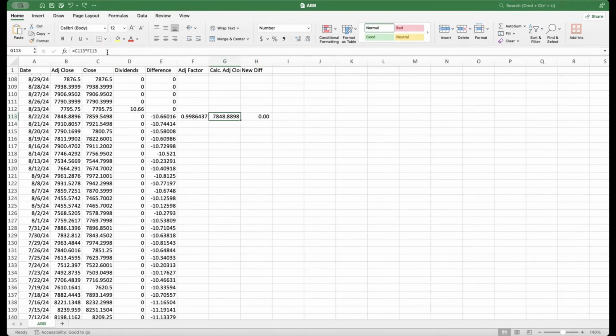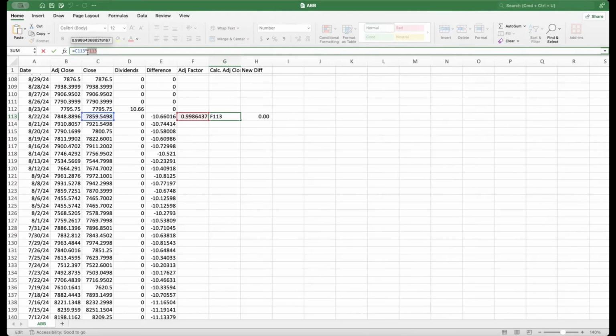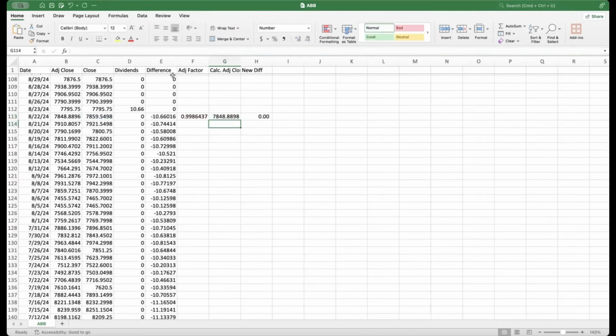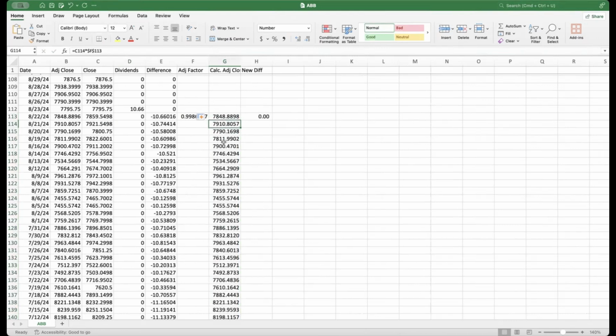Now, let me actually freeze this and compute the calculated adjusted close for all the previous days. So this is exactly what is happening, right?